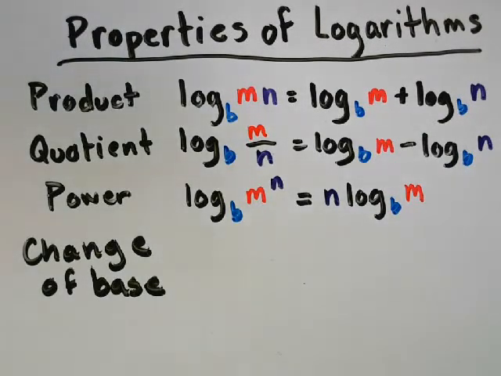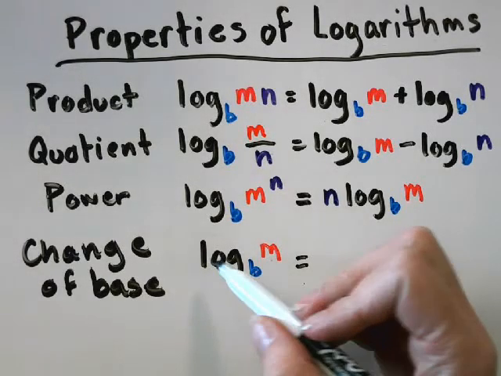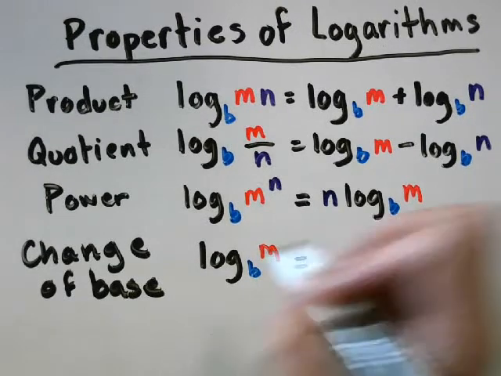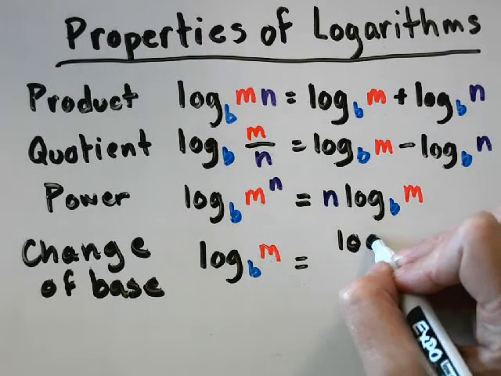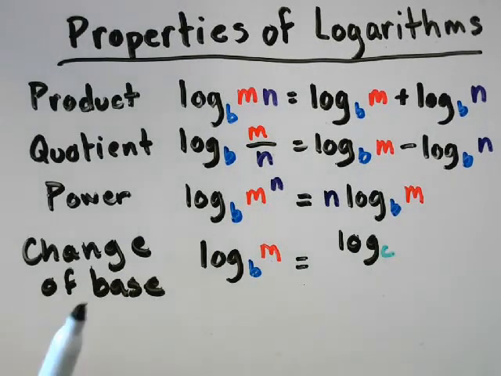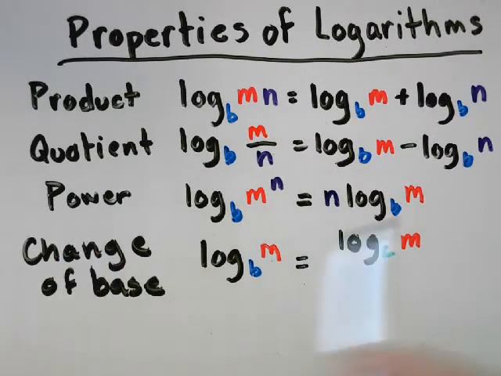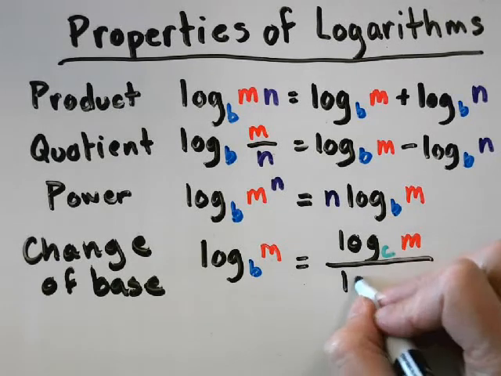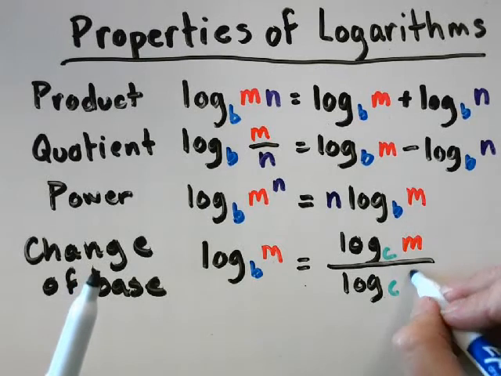The last property we're going to have is the change of base property. If I have log base b of m, I can rewrite this introducing a new base. I'm going to write this as log base c, a brand new letter, of m over log base c of our base.